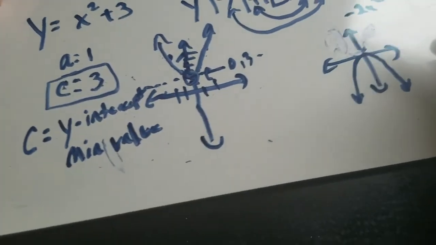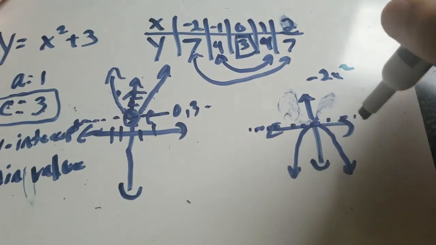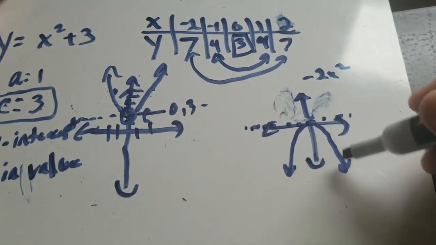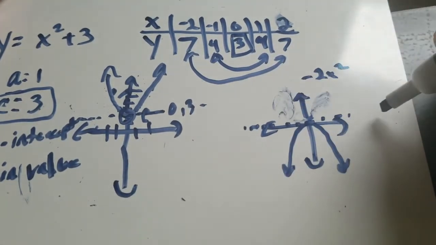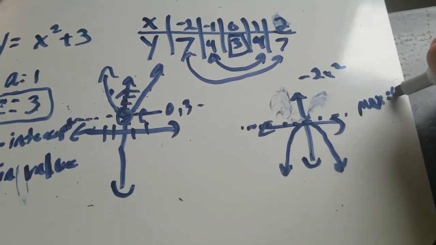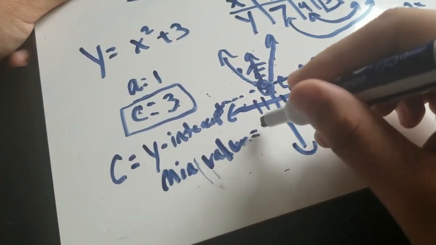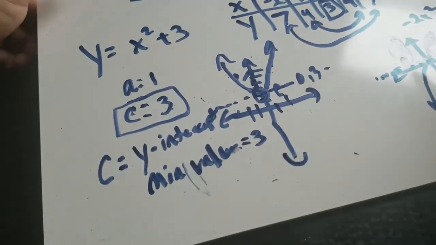If it was like the negative one over here, how high does this graph go? Because it goes down forever, there's no minimum value. So how high does it go? This one, the max is 0, okay? While here, the min is 3, because the lowest is 3.